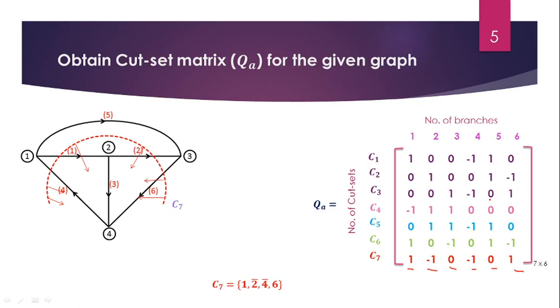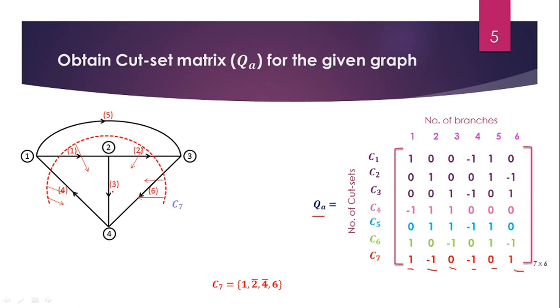So here the cut set matrix having the size greater than this, and cut set matrix is denoted by here QA. Okay, so that's why we should go with some other solution where the matrix will be easy for our calculation purpose.